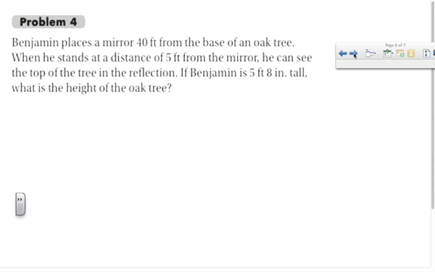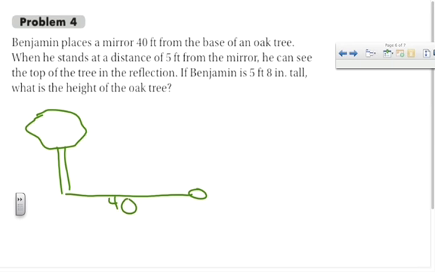All right, so Benjamin places a mirror 40 feet from the base of an oak tree. So let's visualize. I've got this oak tree, and Benjamin places a mirror 40 feet from the base of it. So there's my 40 feet. And then, when he stands 5 feet from the mirror, ooh, he sees it.